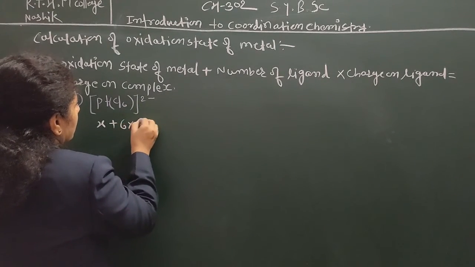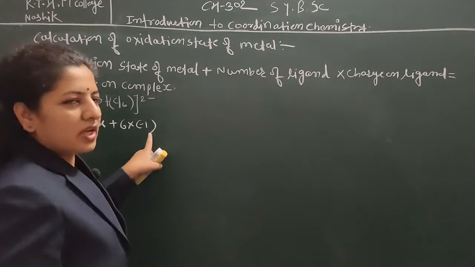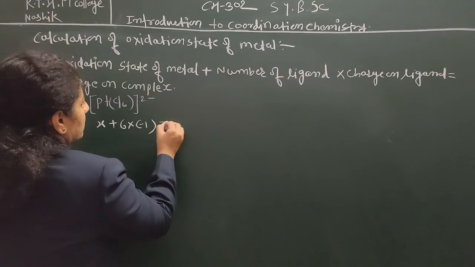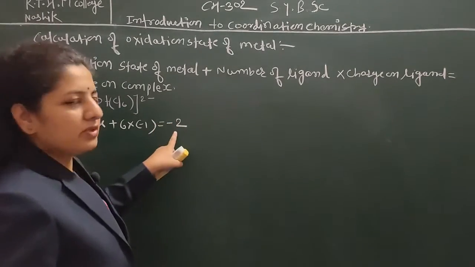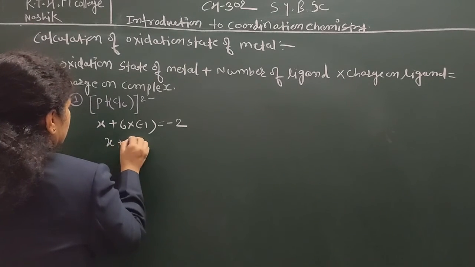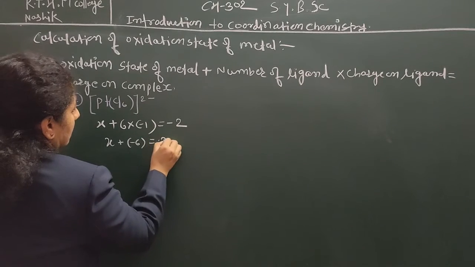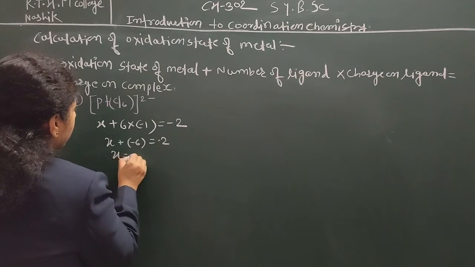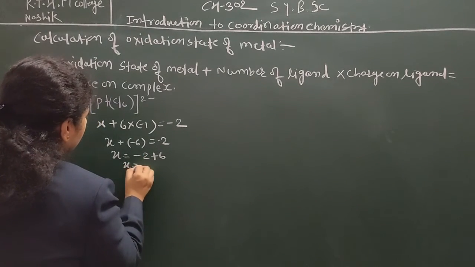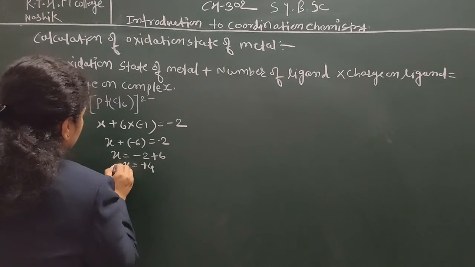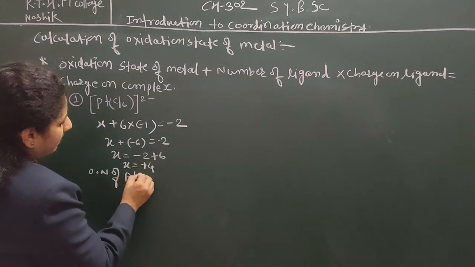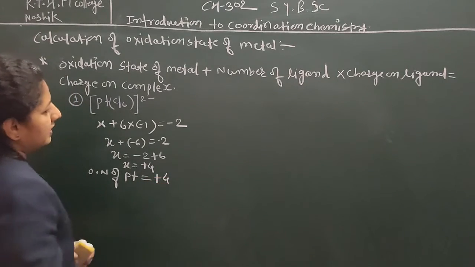So 6 into minus 1, as the charge on the ligand is minus 1, is equal to minus 2. Minus 2 is the charge on the complex. So the oxidation number of platinum is plus 4 here.